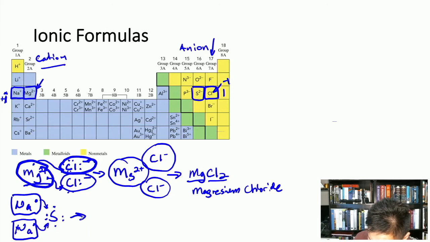And then what you have left is sulfur with a -2 charge, and sodium with a +1 charge.